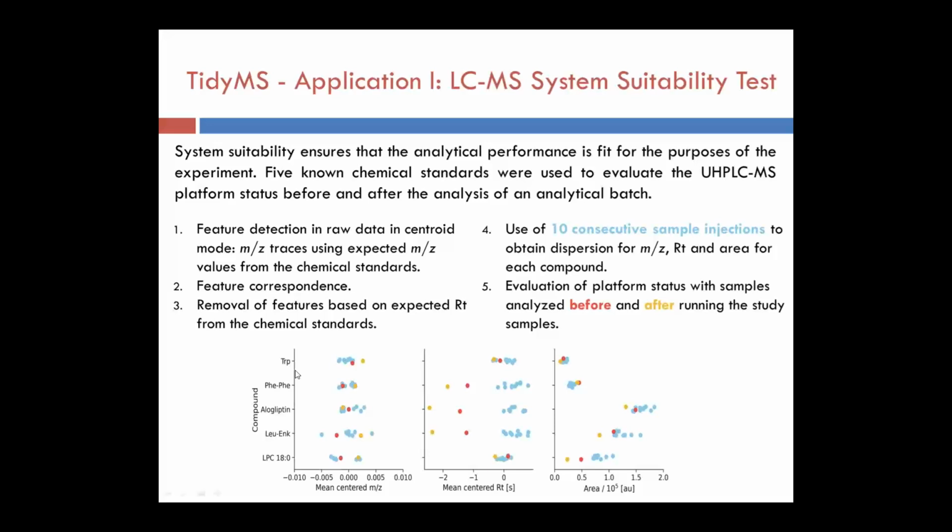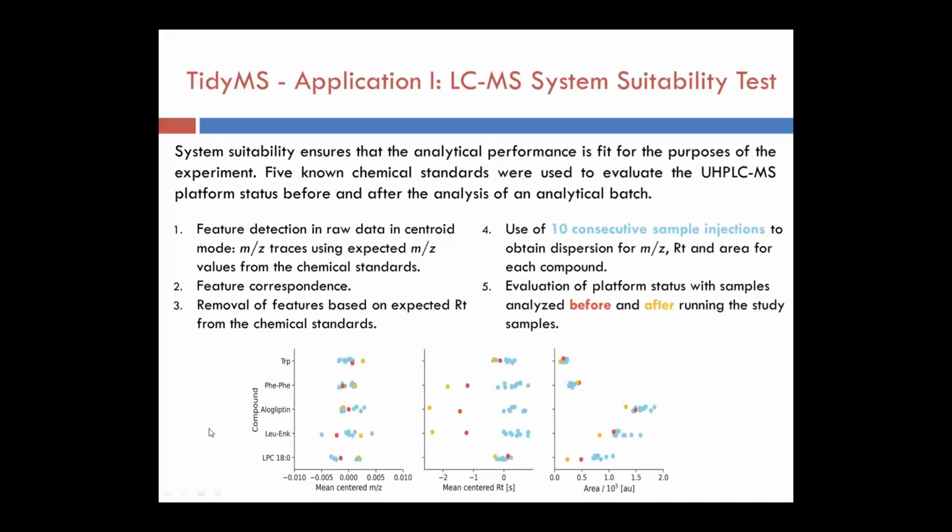So here you see how we previously injected 10 consecutive sample injections of the system suitability sample, which are shown in light blue in the plots, to obtain dispersion values for M/C, retention time, and area of each of the compounds.